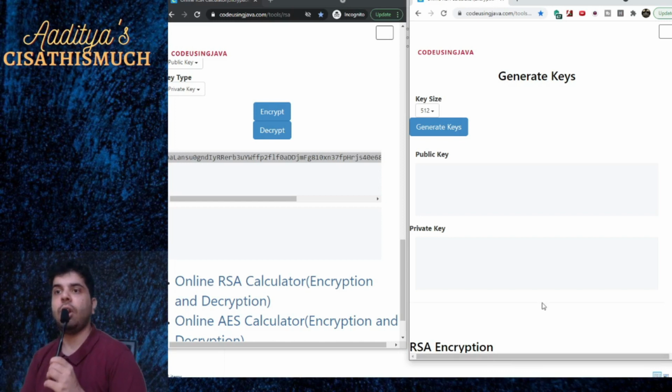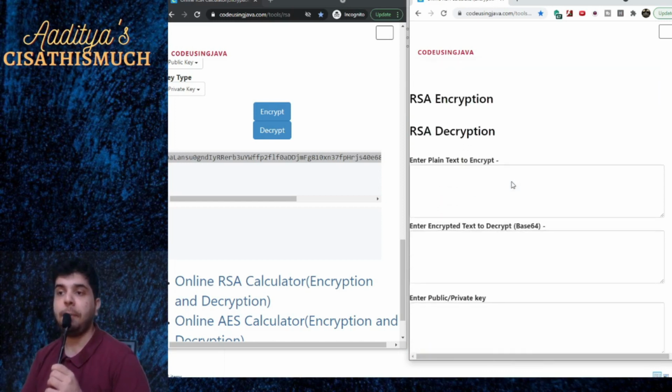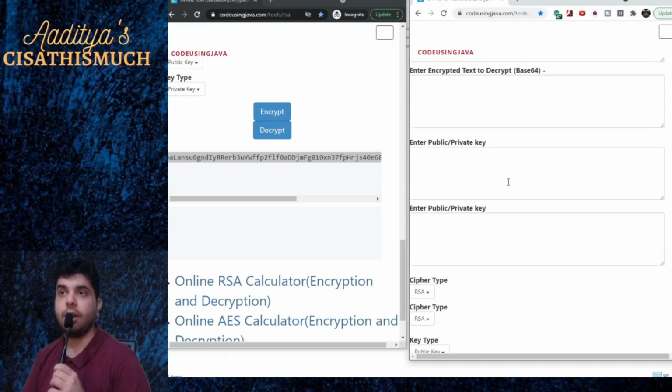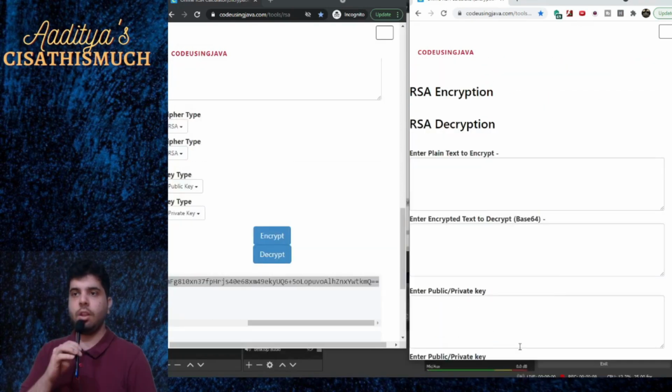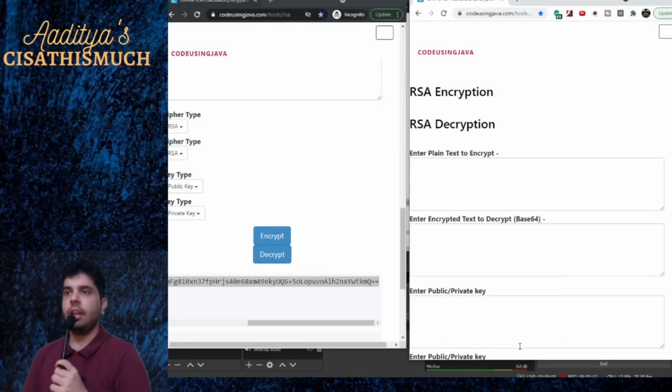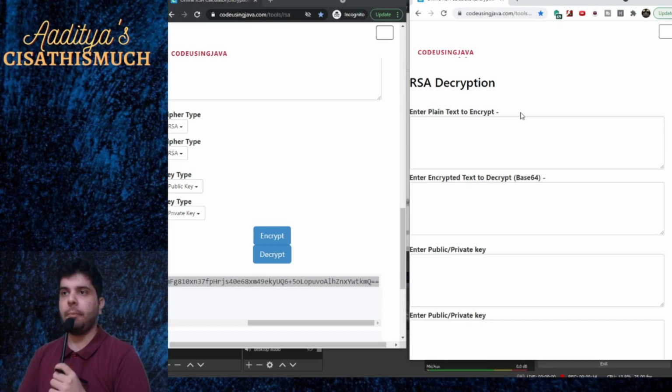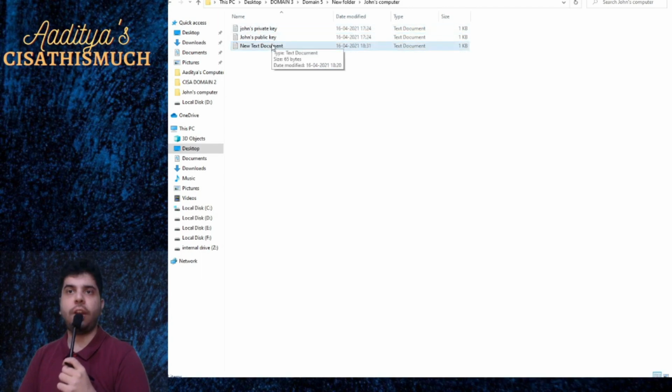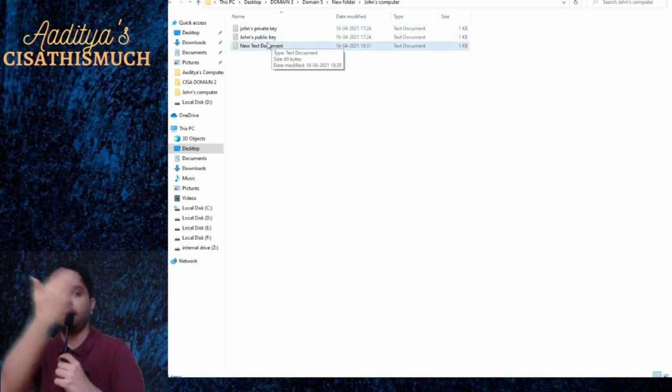All right, so now I'm coming over here. Now I am pasting that ciphertext on John's computer. Now John will put the ciphertext. So John has received the ciphertext from Aditya.